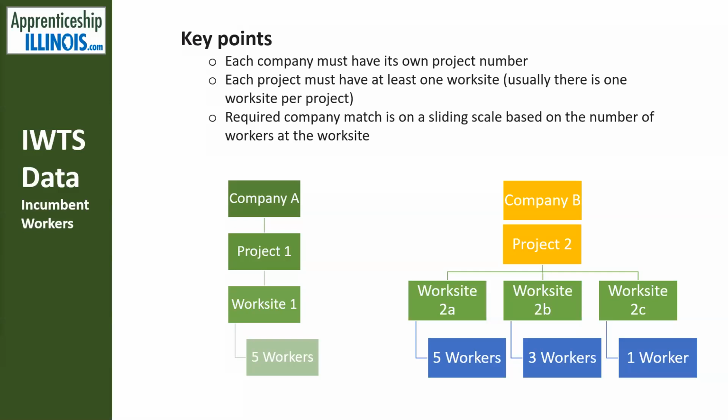Usually there's more, one work site per project. You can have multiple work sites for a project, illustrated in the grid on the right-hand side, the chart on the right-hand side. The required company match is on a sliding scale based on the number of workers at the work site. And we have another slide about that in just a few minutes.